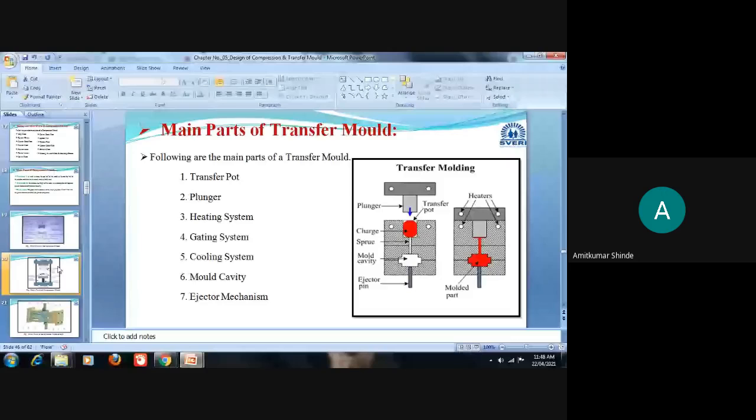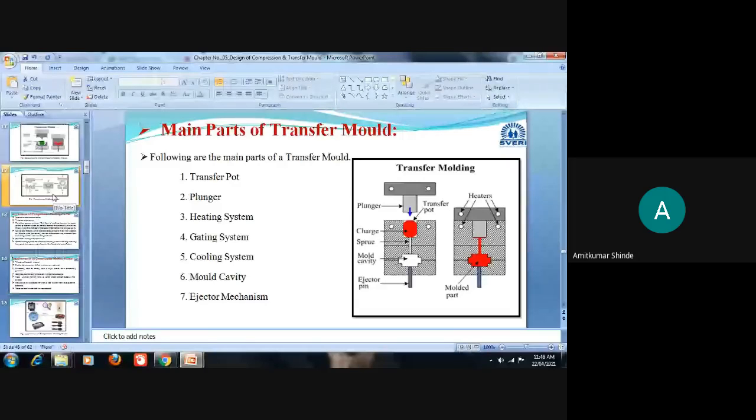These are the ejector pins, in both cases, in compression molding and transfer molding also. We are using the ejector pins. Here, these are the ejector or knockout pins, and some design guidelines are related to them.